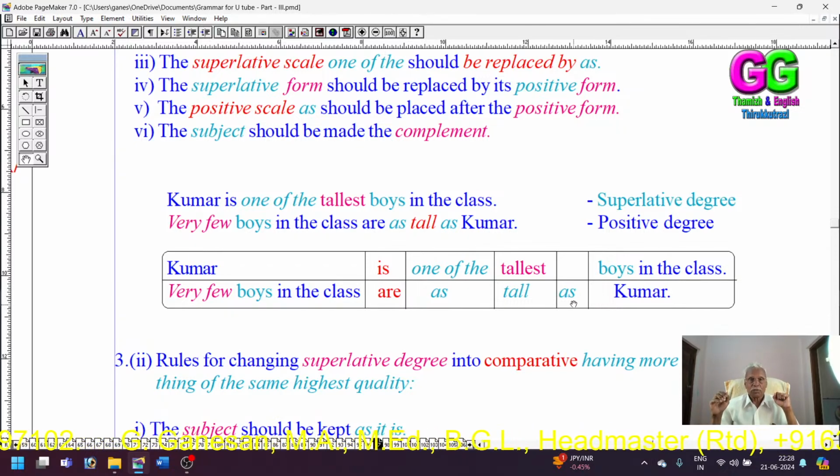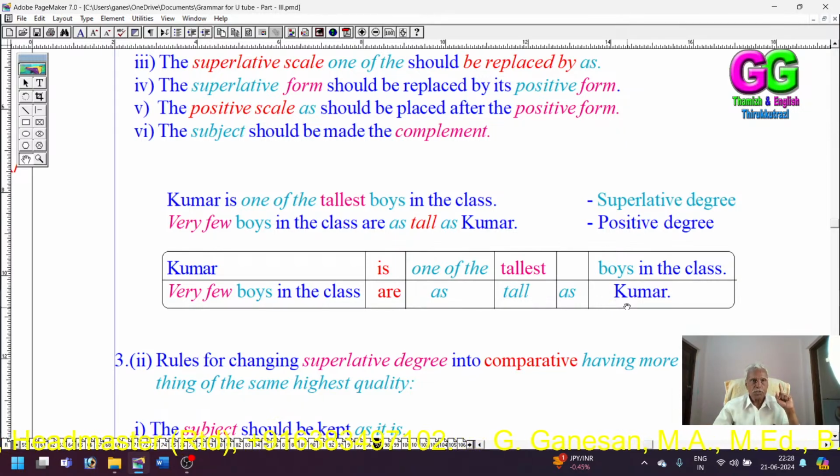Fifthly, the second positive scale "as" has been placed after the positive adjective. Sixthly, the subject of the superlative degree has been made as the complement. These are the six rules we have followed here.